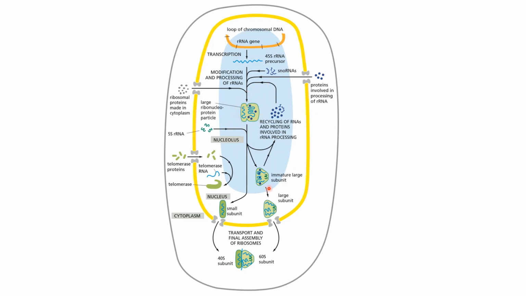And once assembled, the small and the large subunits will be brought out of the nucleus via the nuclear pore complex. So you remember that. And then they are activated here in the cytoplasm, where they can then participate during translation processes.